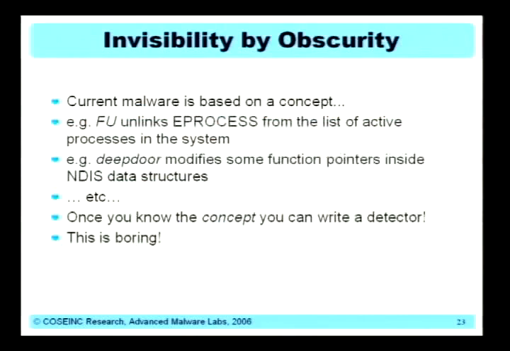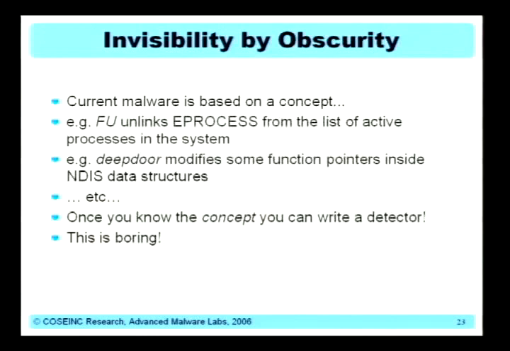What we have today in the rootkit field is something I call invisibility by obscurity. For example, FU, by Jamie Butler, works by unlinking some kernel objects from some kernel lists, which makes them unavailable for the kernel.